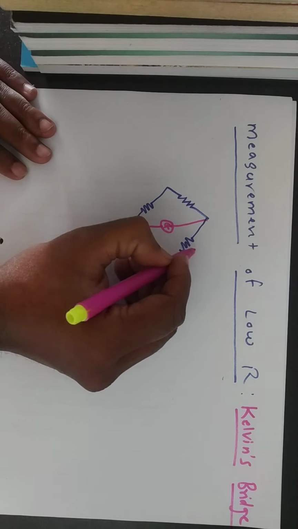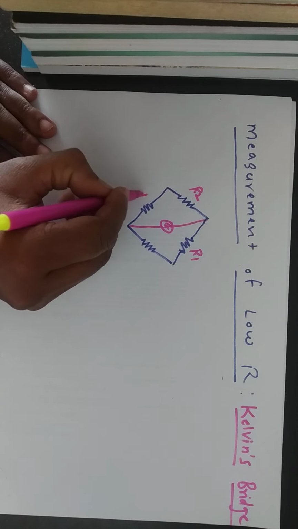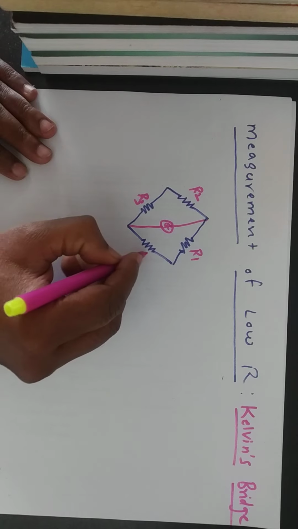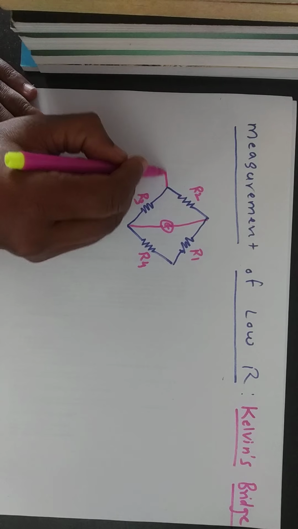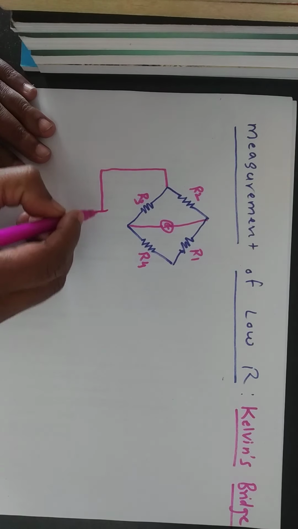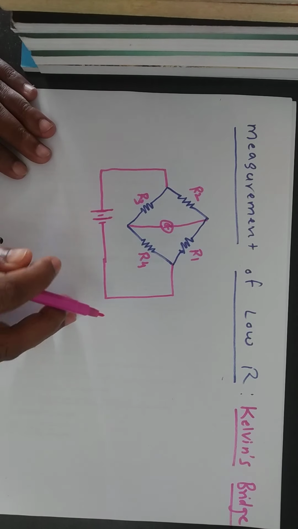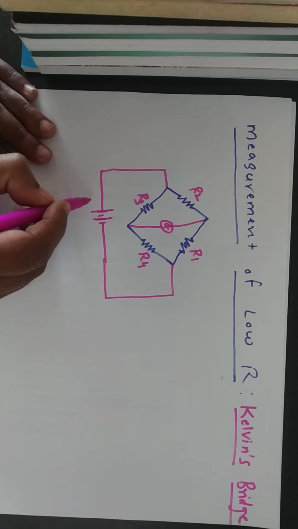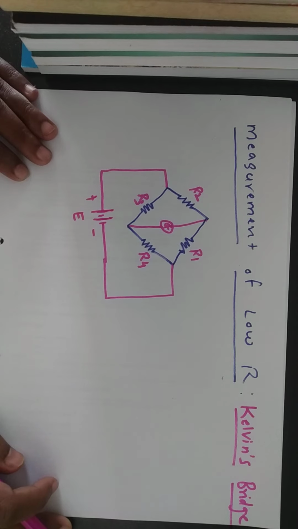So this is R1, this is R2, this is R3, and this is Rx, as we know. And for this we will connect a DC power supply. So this is the positive terminal, this is negative. We connect it like this because it is a DC network, so we have to connect a DC source, and we can write the DC source as E.